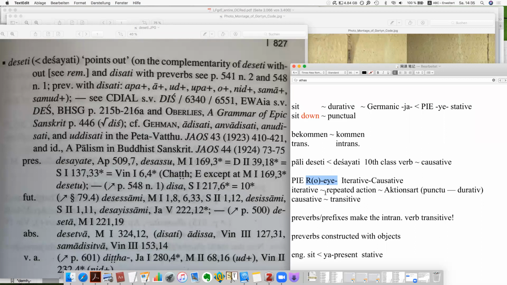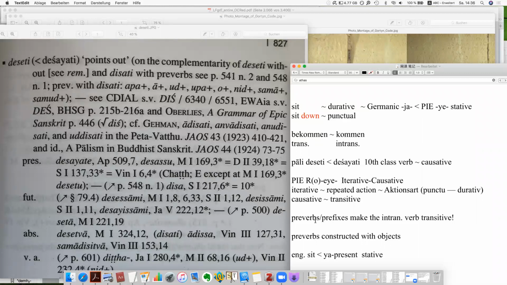So iterative refers to the Aktionsart, action type, and causative refers to transitivity, transitive and intransitive. So these two aspects are interrelated. They are closely related, Aktionsart and transitive, intransitive.